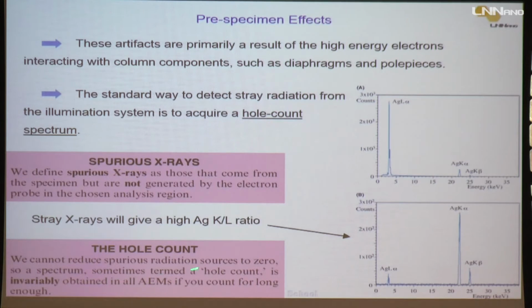This is what we call the hole counts. There is this spurious radiation that will always be measured in all the microscopes that we have, because of the interactions of stray electrons that hit your column and generate these X-rays.